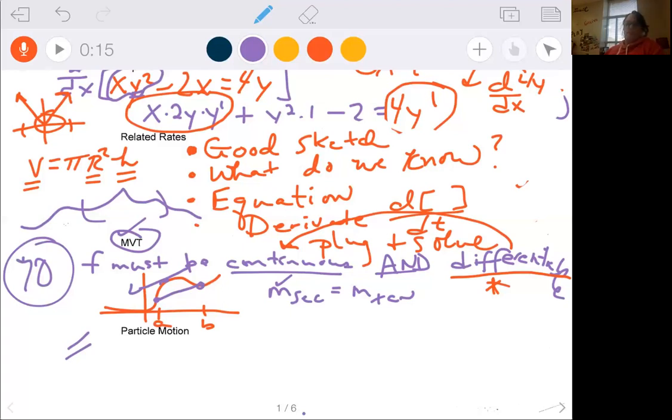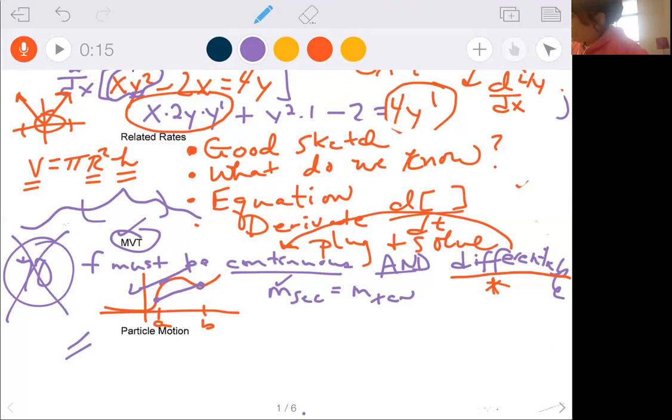Otherwise I was under it or over it the whole time. There has to be a place where my instantaneous rate of change was also 70. Same with temperature today. If the average temperature ends up being 52 degrees today, there has to be a time, at least once, where the temperature was 52 degrees.